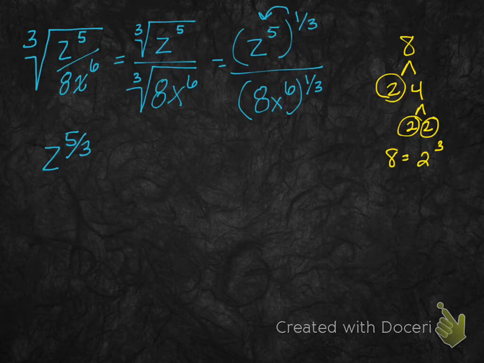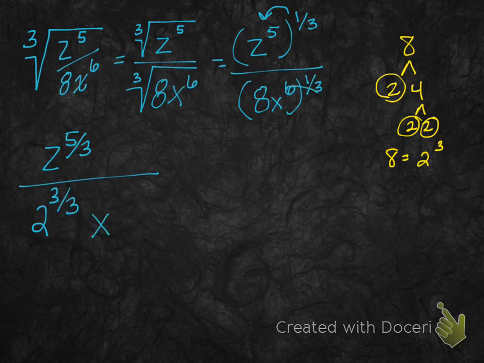So across parentheses is a product, so I can mush these together as 1 fraction, 5/3. In the denominator, I'm going to write this as 2 cubed, and I can mush this 1/3 in here, so over 3. X to the 6th, and again, over 3.